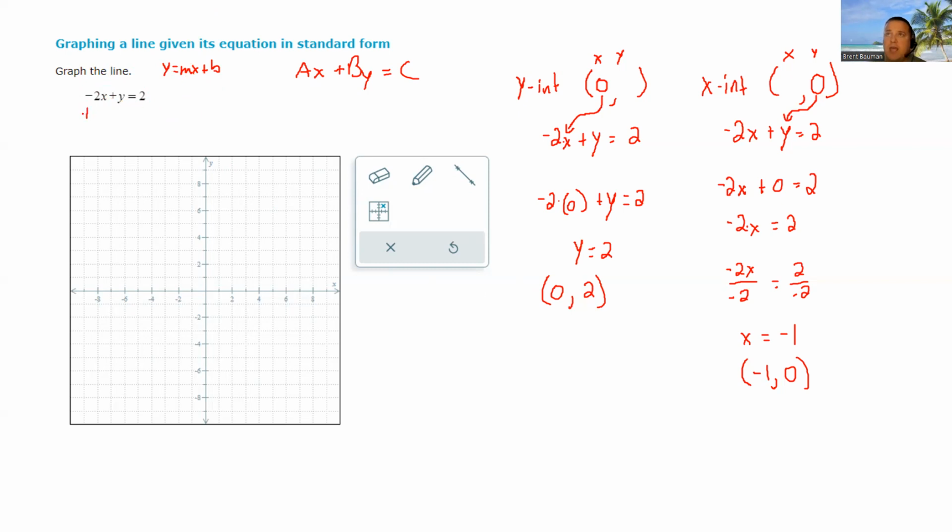So here we have to add the 2x. We're moving the whole term over. We're not just getting rid of the negative 2, dividing that over. We're moving the whole term. So we'd get y by itself equals, put it in the order you want. You would want it in 2x plus 2.